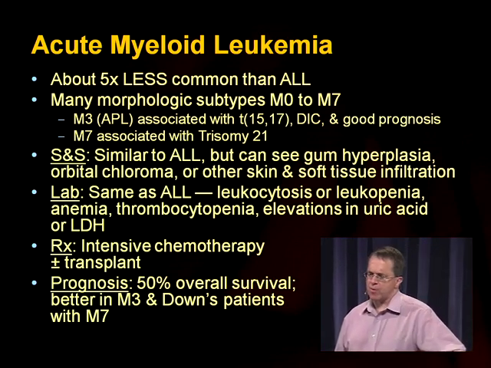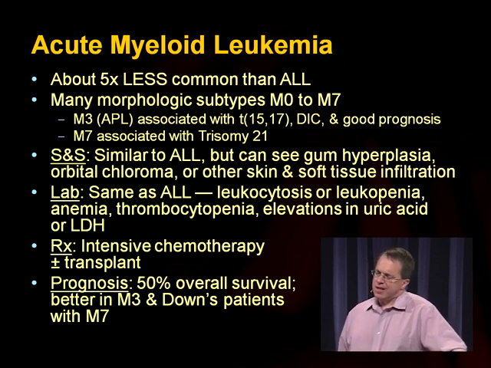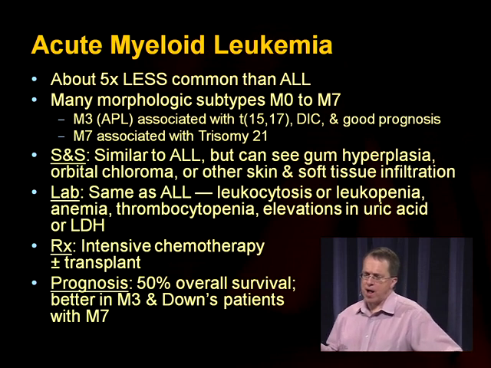You may remember that there are different morphologic subtypes. This is probably a little bit low yield, but it is worth hanging on to just in the back of your head that there are 2 types of AML that are important. One is M3, or acute promyelocytic leukemia.